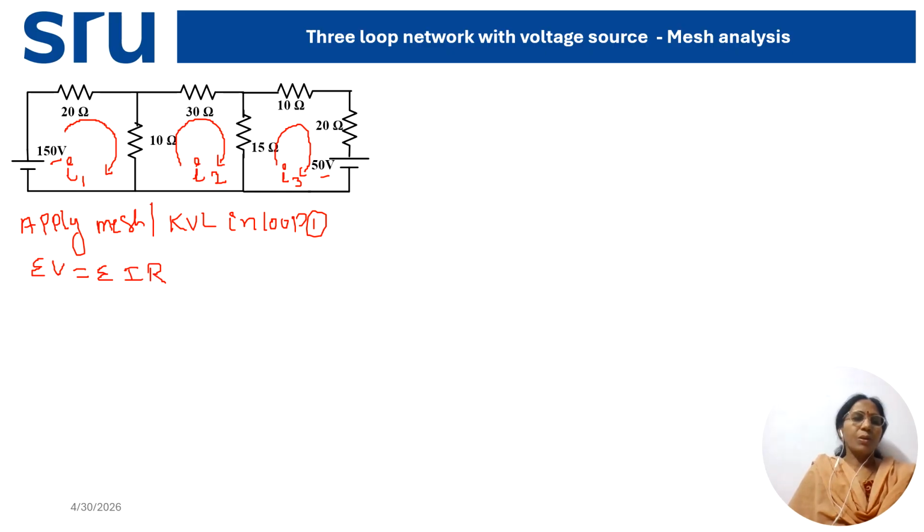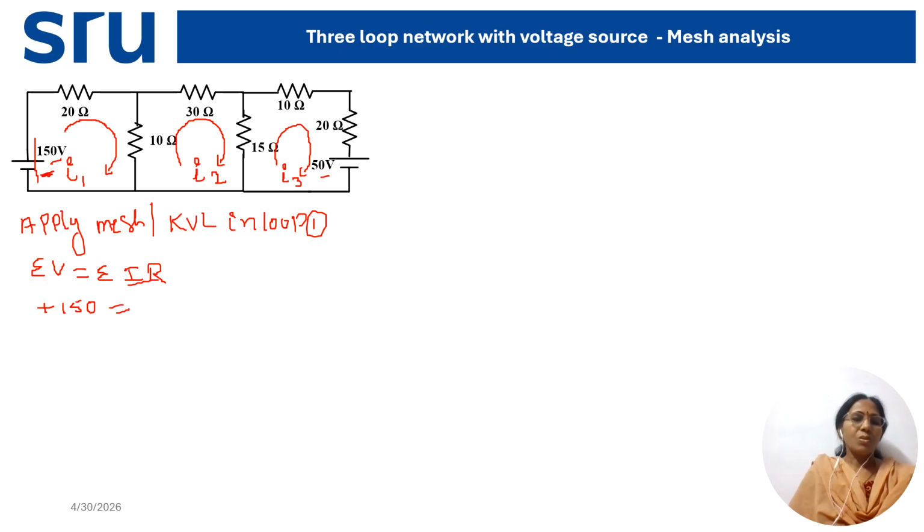Now, in loop 1 there are 150 volt, 20 ohm and 10 ohm, so 3 elements: one voltage source and 2 resistors. Here we are crossing the source from minus to plus, so remember that it is plus. On the left side I write 150. If I wrote the IR drops on the left side you would have to write minus, but here I am writing the IR drops on the right side, so it is plus.